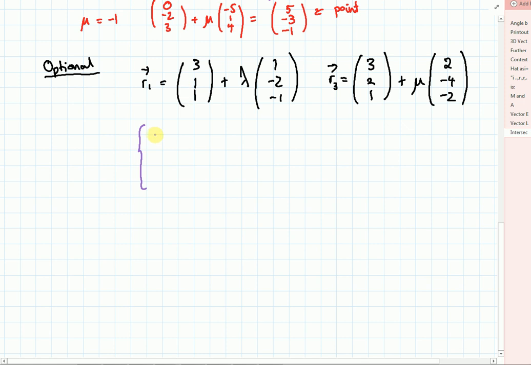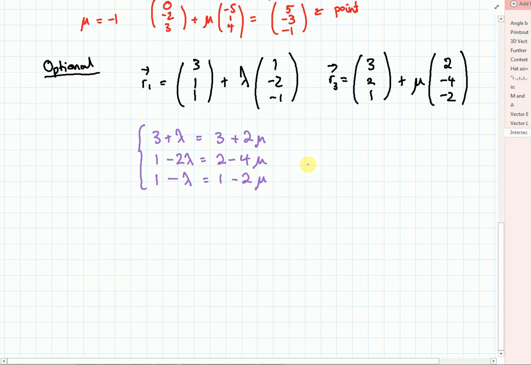It's 3 plus lambda equals 3 plus 2 mu; 1 minus 2 lambda equals 2 minus 4 mu; and 1 minus lambda equals 1 minus 2 mu.